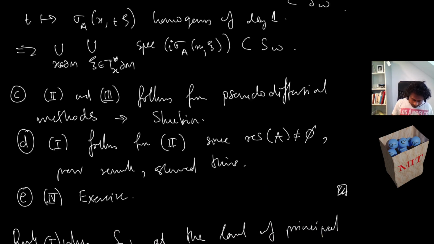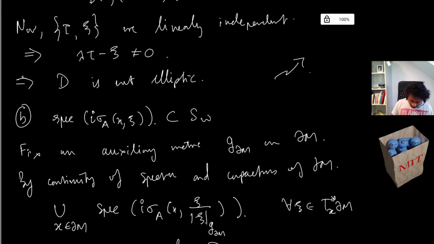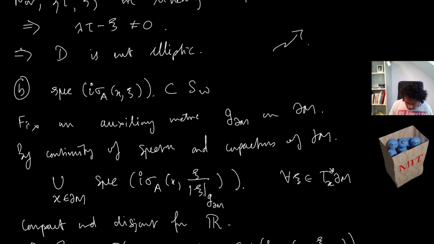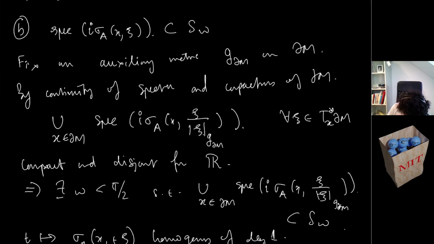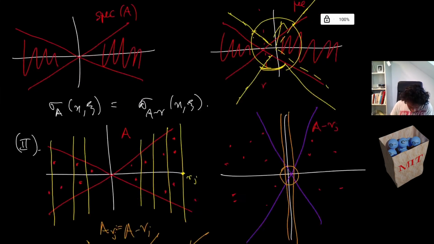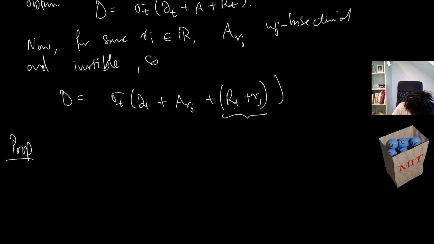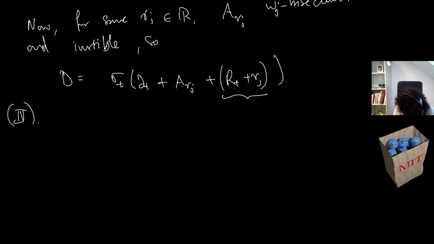So the question is, why does the spectrum of the principal symbol have to be in a bisector? Well, maybe I'll make a remark here. Let me make another remark before moving on, because it's important that we understand this. So remark 4. Maybe I should really have focused on this proof a little bit more.